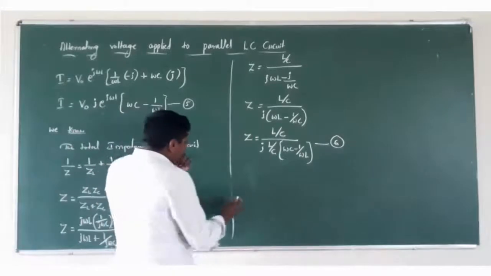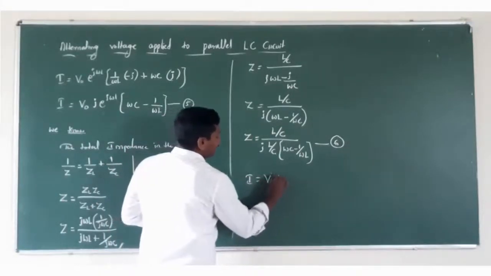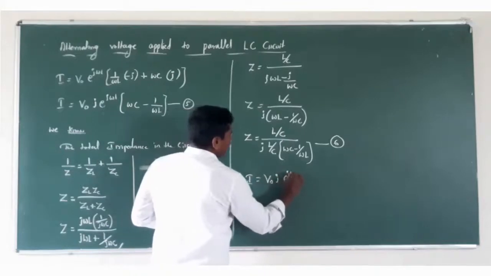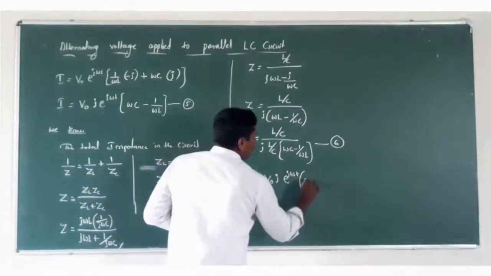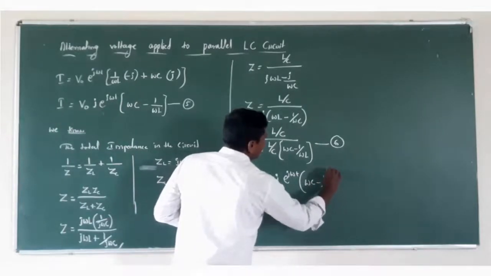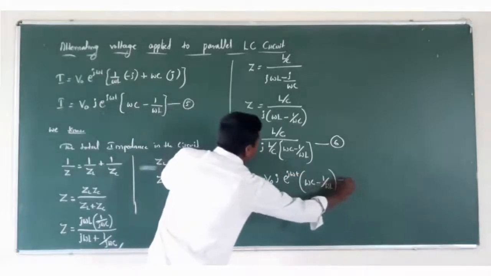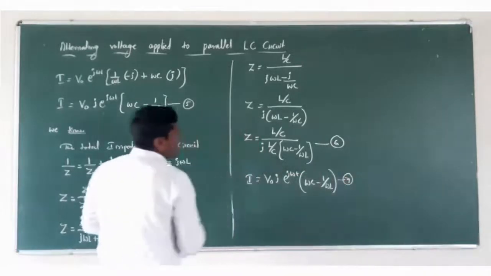Now, we know that the current equation I is equal to V naught j e raised to j omega t into omega C minus 1 divided by omega L. Now, by comparing these two equations, let us consider equation number 7.